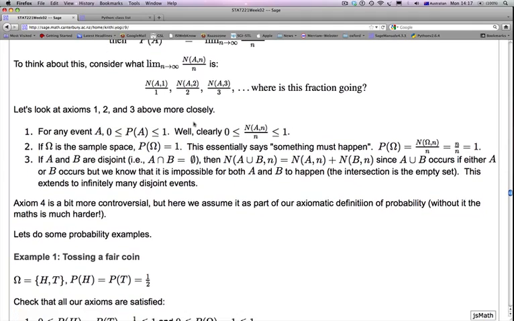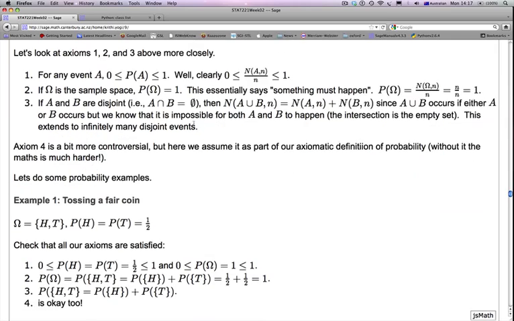So let's look at axioms 1, 2, and 3 above more closely from this point of view. For any event A, the probability of A is between 0 and 1. Well, what does that mean? We clearly have the fraction of times the event A happens in n trials. This is going to definitely be a number between 0 and 1, right?